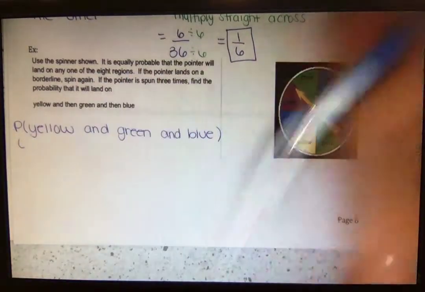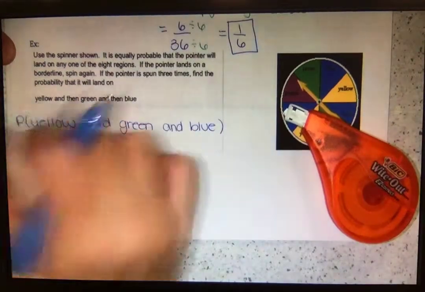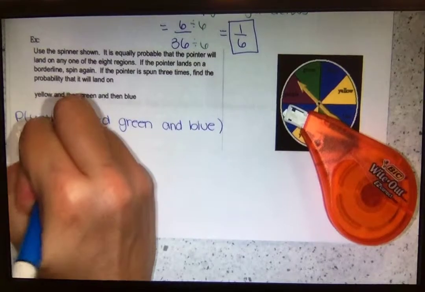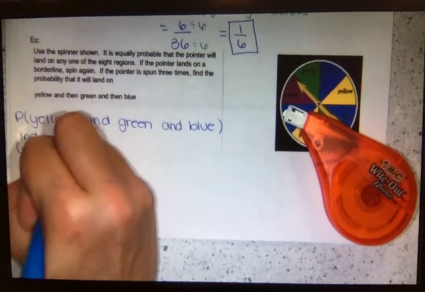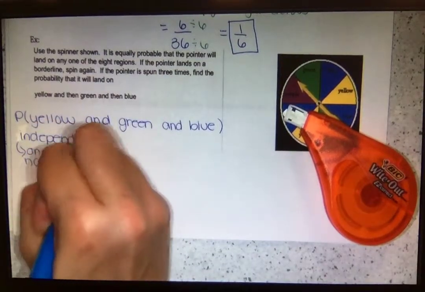Again, they are independent, which means one does not affect the other.